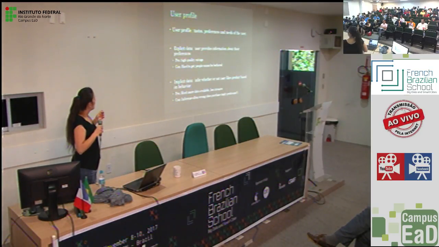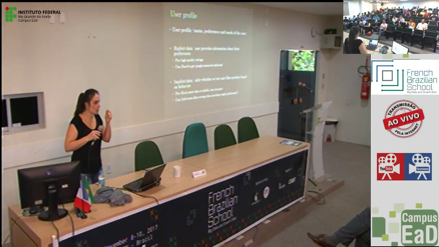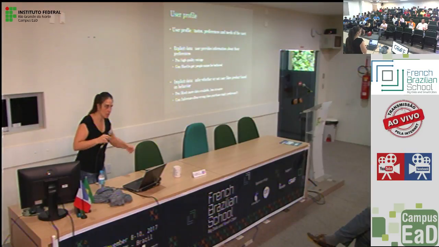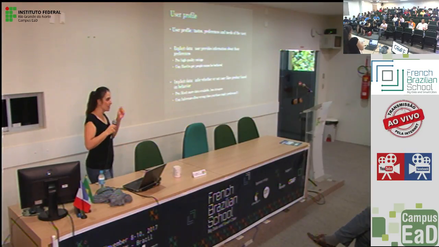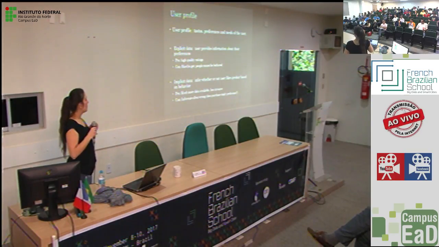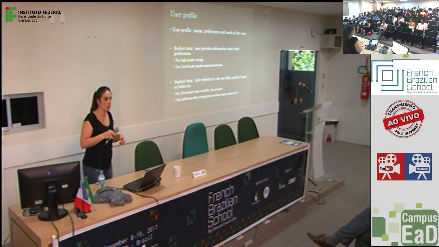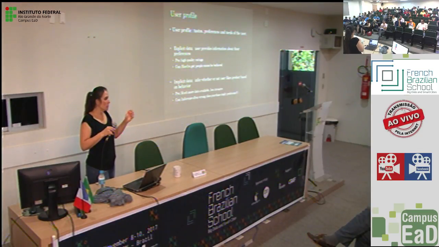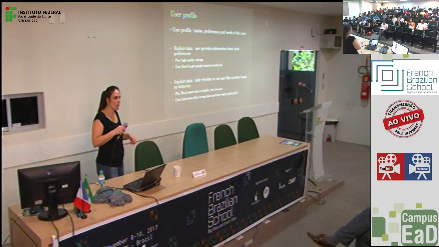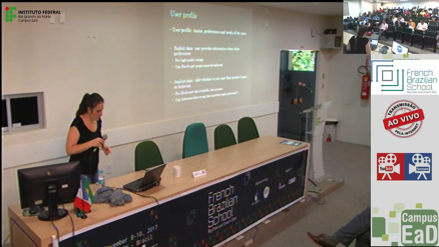Explicit data is when the user provides information about their preferences: I like that, I don't like that, I want that or not. And implicit data is when we have to infer whether or not the user likes products based on their behavior. For example, if every week you go to the website and buy this item, we think that you like it. This is inference.